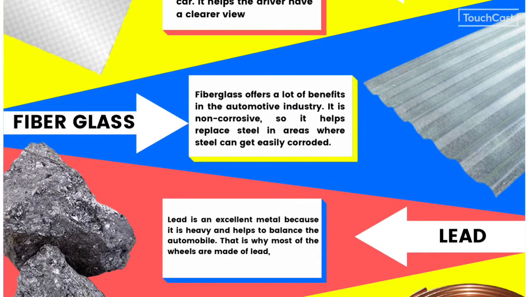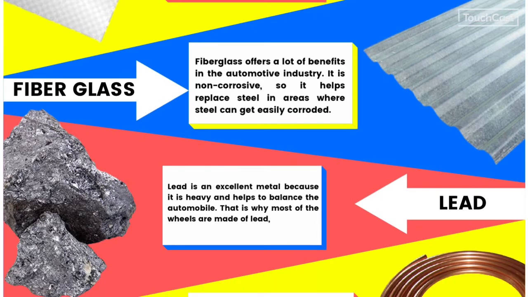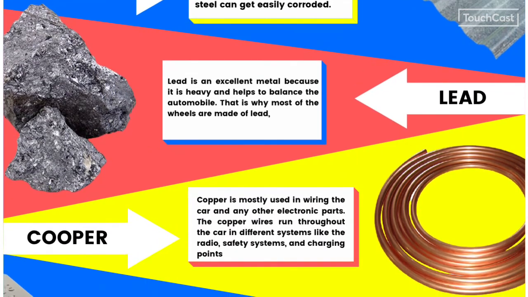Number 6, fiberglass. Fiberglass offers a lot of benefits in the automotive industry. It is non-corrosive, so it helps replace steel in areas where steel can easily corrode. Number 7, lead. Lead is an excellent metal because it is heavy and helps to balance the automobile.